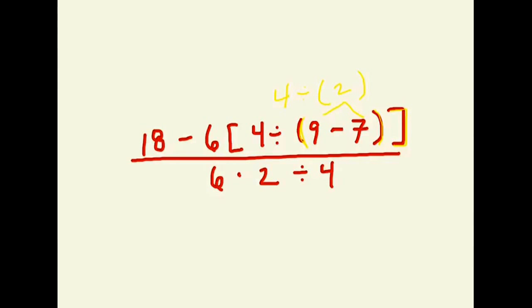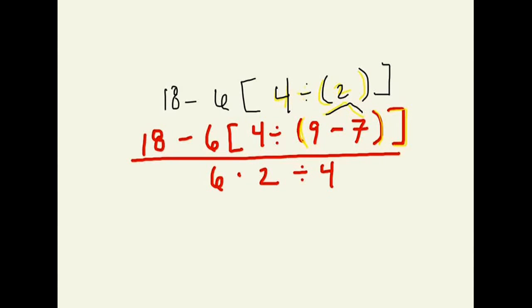Maybe I'll just use black. Okay, 4 divided by 2. I still leave the brackets in there. I still leave the 6, and I leave all this other stuff in there. Now I'm going to do 4 divided by 2. 4 divided by 2 is 2.